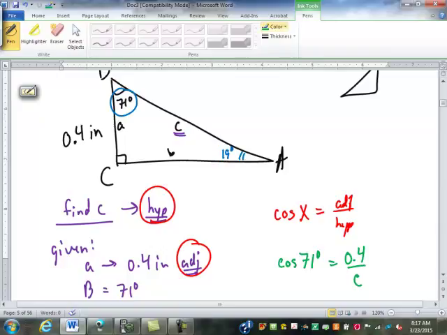Now, here's why this is the type of problem where doing that proportion is important. Because C is on the bottom of a fraction, it's really kind of difficult to solve an equation for that. But if I make it a proportion, it's really simple.